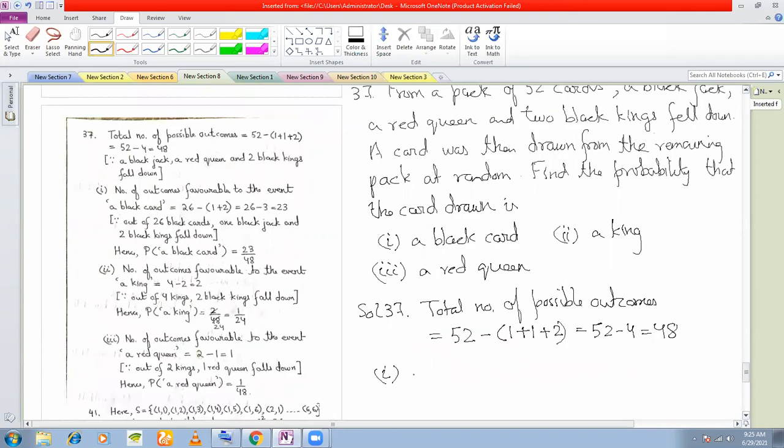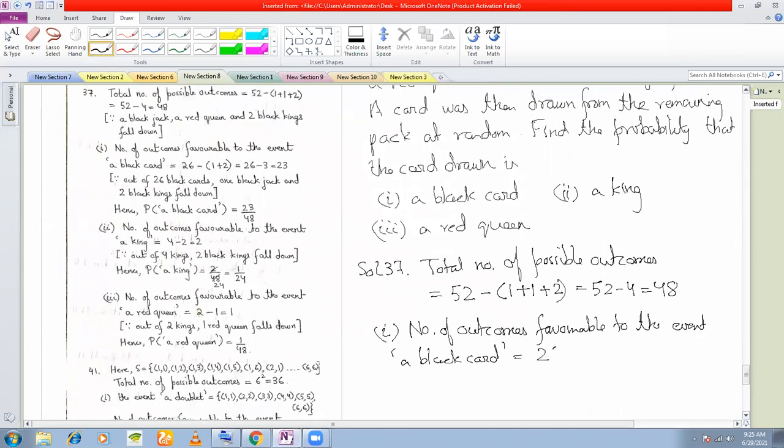Answer the first question. So the number of outcomes favorable to the event, a black card. How many black cards are there? There are 26 black cards, right?